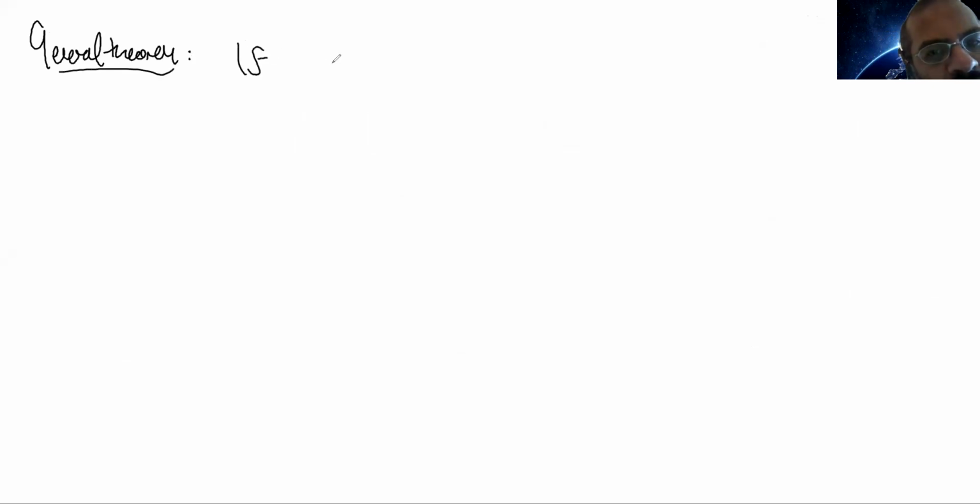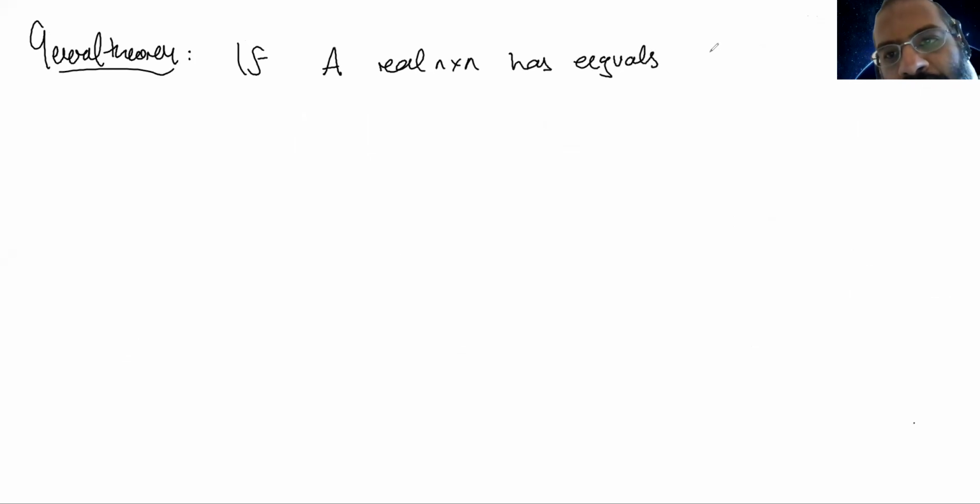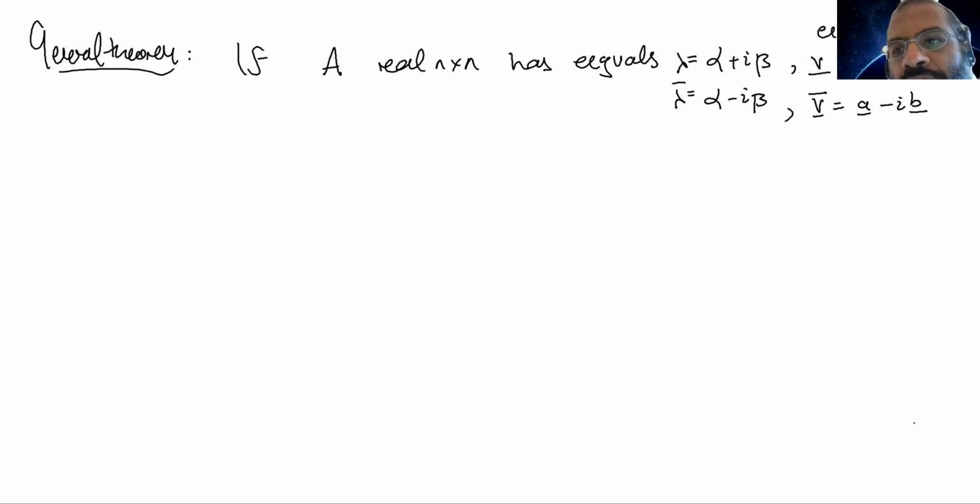If A is a real n by n matrix that has eigenvalues alpha plus i beta and alpha minus i beta, so they're conjugates, with eigenvectors V equals A plus iB and V bar equals A minus iB, where A and B are the real and imaginary parts of the eigenvector V. These vectors are in Cn, but the real and imaginary parts are real.